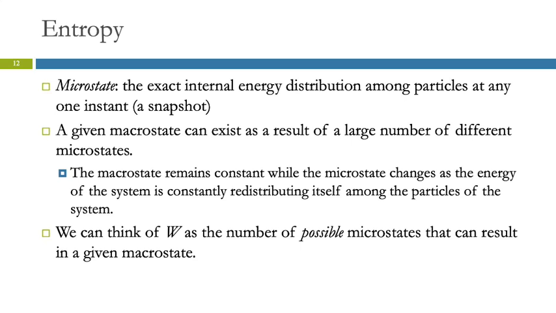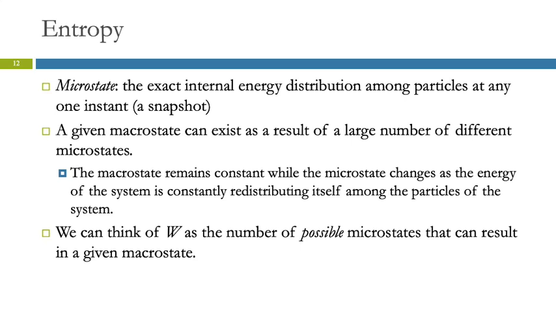So a given macrostate can exist as a large number of different microstates. You could have that sample of gas, same pressure, volume, temperature, number of moles, but at any given time, exactly where the molecules are and exactly where the energy of those molecules is going to be different.